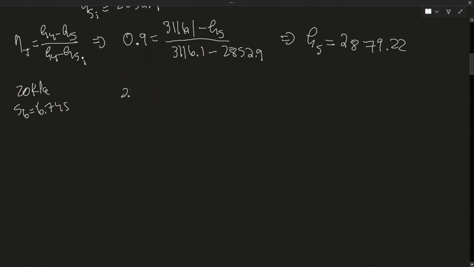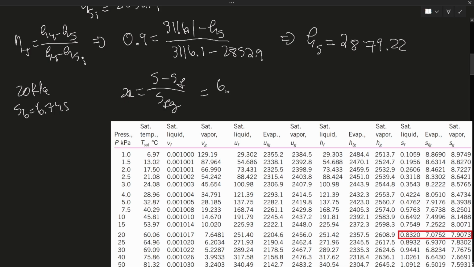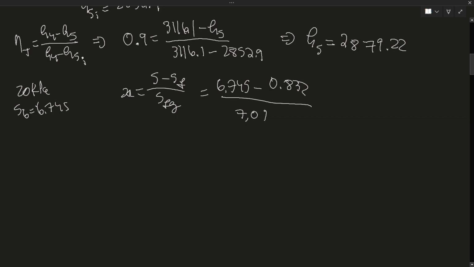The equation for the X is equal to S negative SF divided by SFG. We need to find X. We have 6.745. And then reading the tables at 20 kPa, you see that the SF is equal to 0.832 and SFG to be equal to 7.0752. Calculating this, you get an X of about 0.8357.